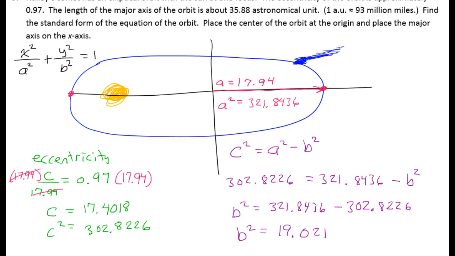This equation will become x squared over 321.84 plus y squared over 19.02 is equal to 1. So there's your standard form equation right here.